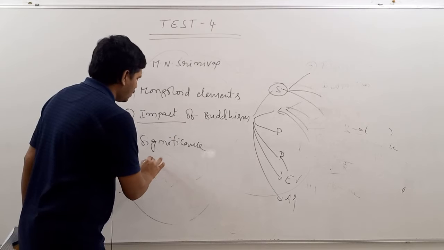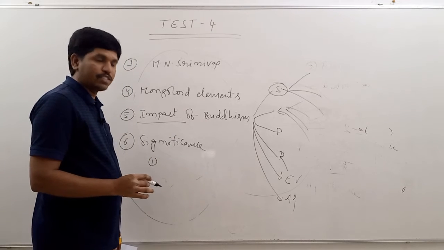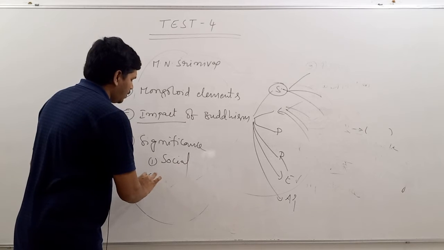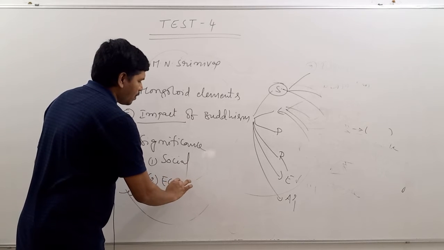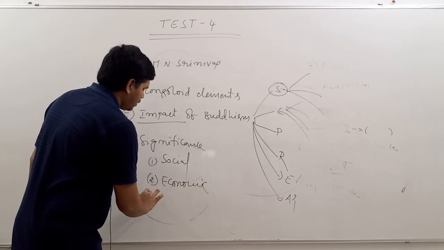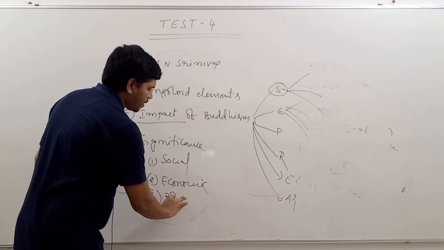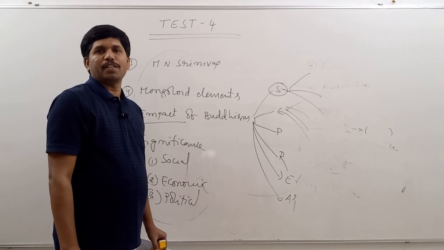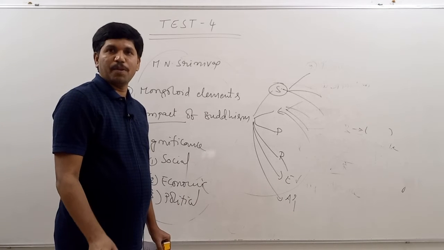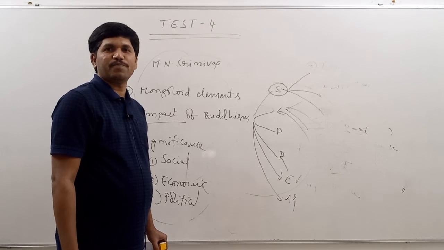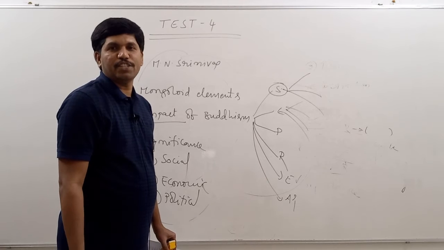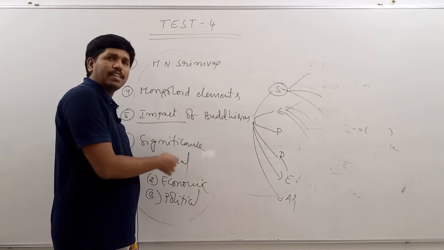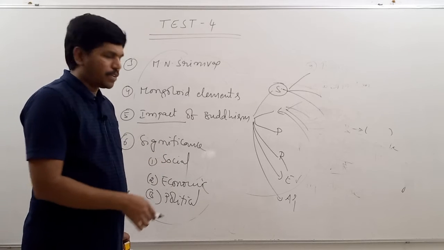Then you have to write how the study of villages is useful for social development, how it is useful for economic development, how it is useful for political development: democratic decentralization, the need for democratic decentralization, the implementation of democratic decentralization, and modifications or changes to be brought about in it. Like that, you can write a number of things.